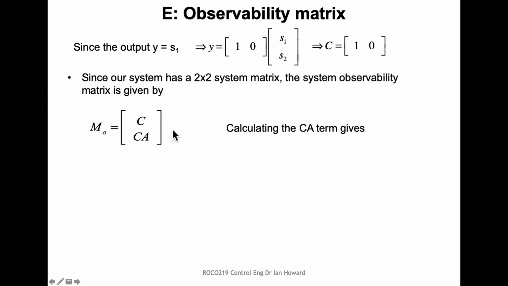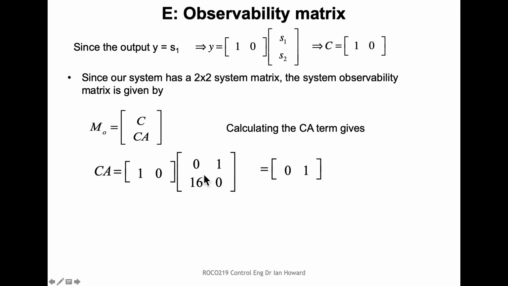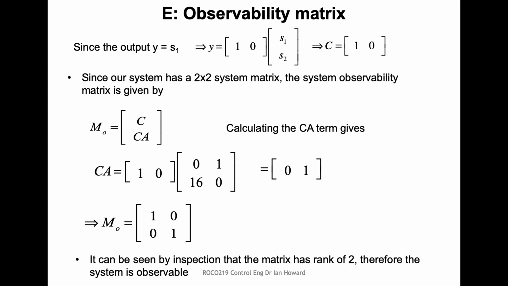We know what C is, but we don't know what CA is off the top of our heads, so we have to calculate that. It's rows by columns, so one lot of 0, one lot of 1. Concatenate, and again we can see by inspection that it's going to be rank 2, because this is already in echelon form, and there are no rows with zeros in there.